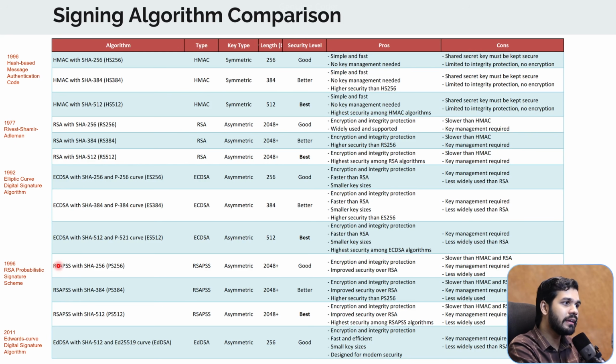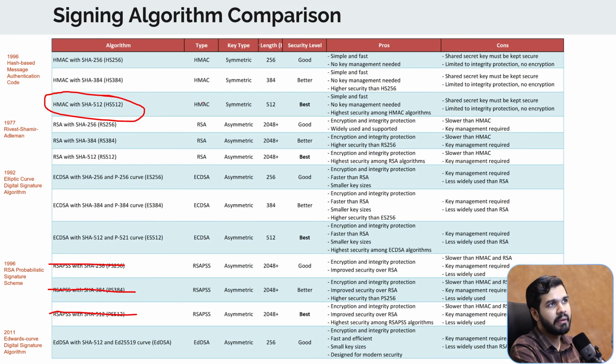So I would not recommend, let me take a pen tool here and mark it, RSA PSS with SHA-512. That is not a good option, so don't think about it. Consider these three algorithms if you want to go with asymmetric. And if you want to go with symmetric, go with HMAC with SHA-512. HMAC 512 is a pretty secure option.